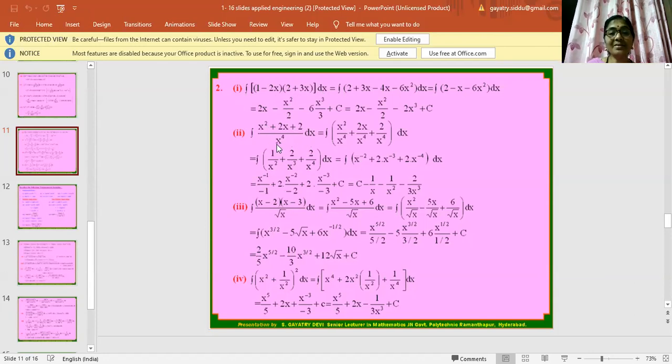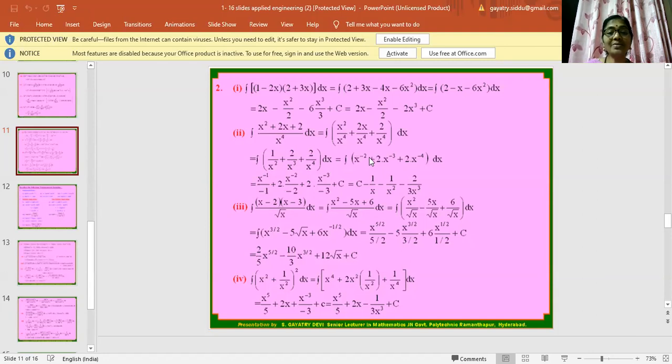Because of x power 4 in the denominator, split each term with the denominator x power 4. X square by x power 4, 2x by x power 4, 2 by x power 4, which gives you 1 by x square, 2 by x cube, 2 by x power 4. Now, to integrate this, you have to represent it in the form of x power n.